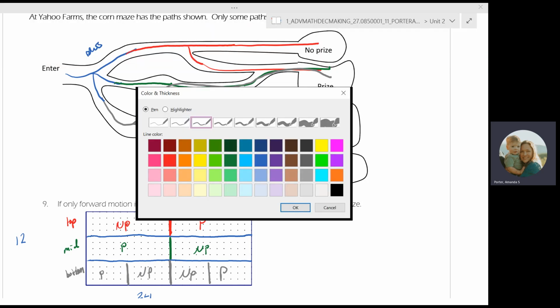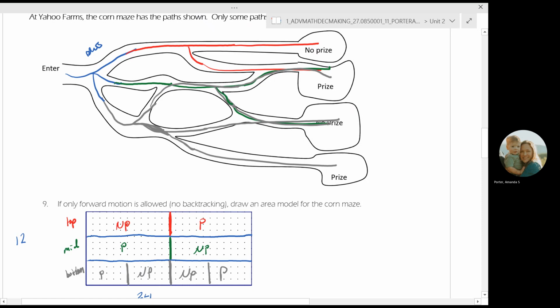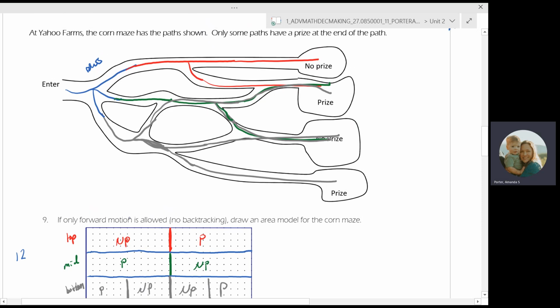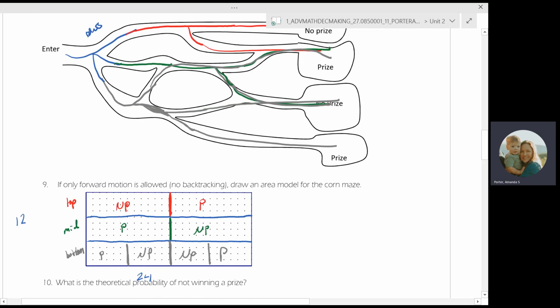So let me draw in extra lines and let's do them in maybe purple. The easiest way to see this, because that middle line goes all the way down for all of them, is that what I need is just lines here. Now I typically do them with dashes instead of full lines.